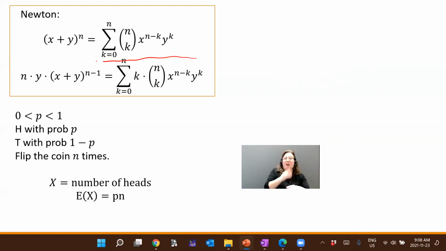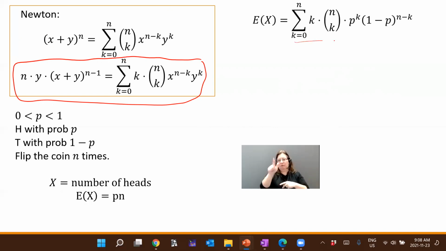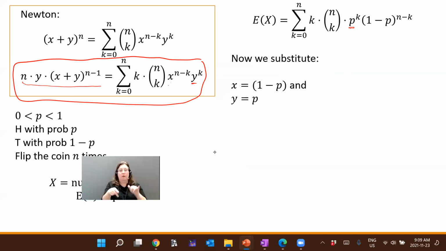So now we have this expression in our toolbox that we can use. We want to solve this expression. So now we're just going to substitute p in for y and 1 minus p in for x in this closed form. So x is equal to 1 minus p and y is equal to p.